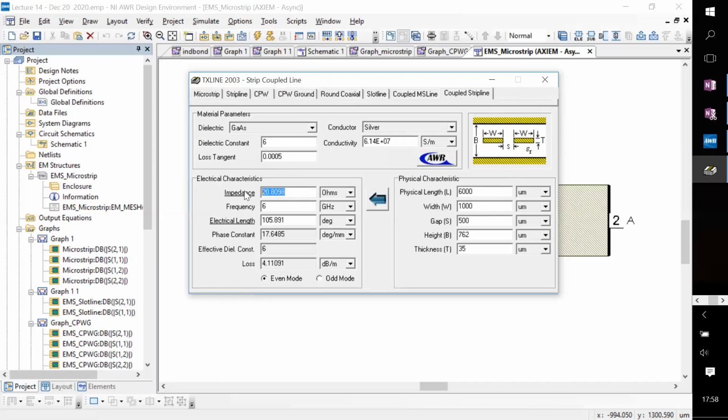So it's coming out to be something like 20 ohms. So this will not be a very typical design if one is choosing something close to 50 ohms. Okay, even and odd mode impedances are similar, but that has nothing to do with this property. That has got to do with the dimensions of the strip and the gap as well.